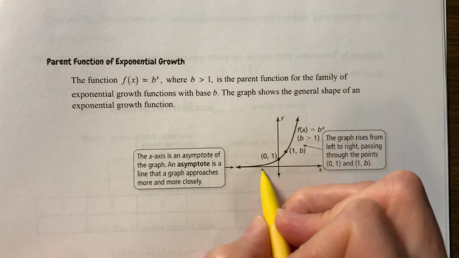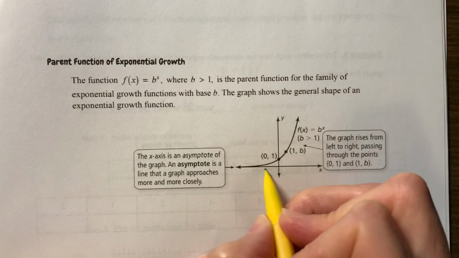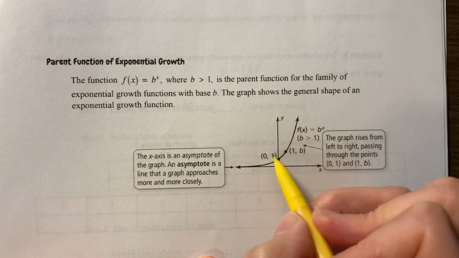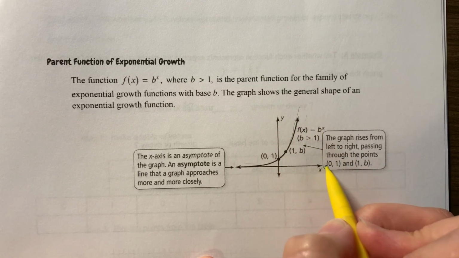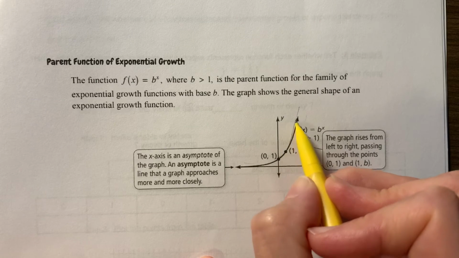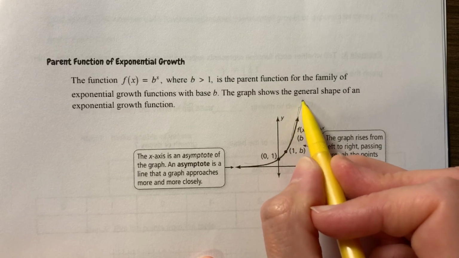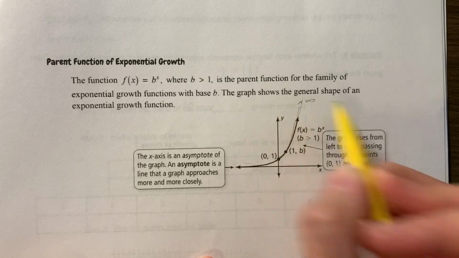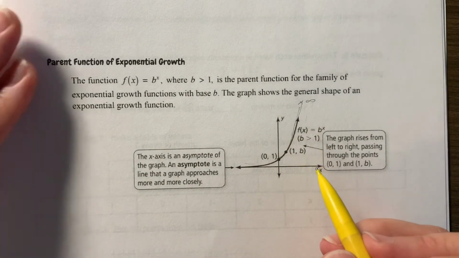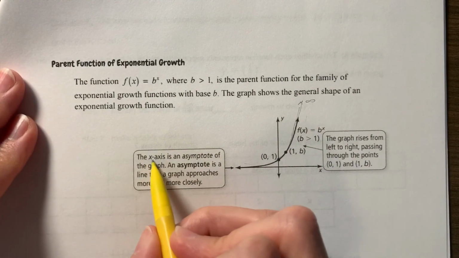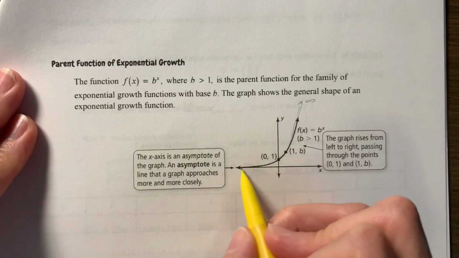So as you're moving from left to right, your graph is going up. Or I like to say, as x gets bigger and bigger, your graph is going up toward infinity, right? So this is what a growth function will always look like. So this says the x-axis is the asymptote of the graph.